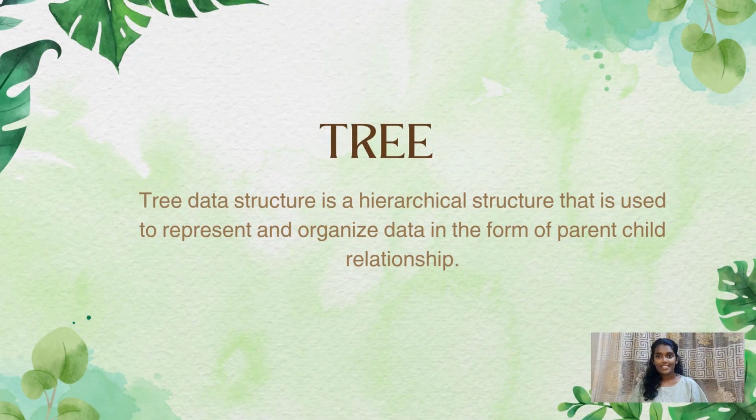A tree is a hierarchical data structure which consists of nodes connected by edges and is widely used in computer science for organizing data like file systems, network routing, and databases.